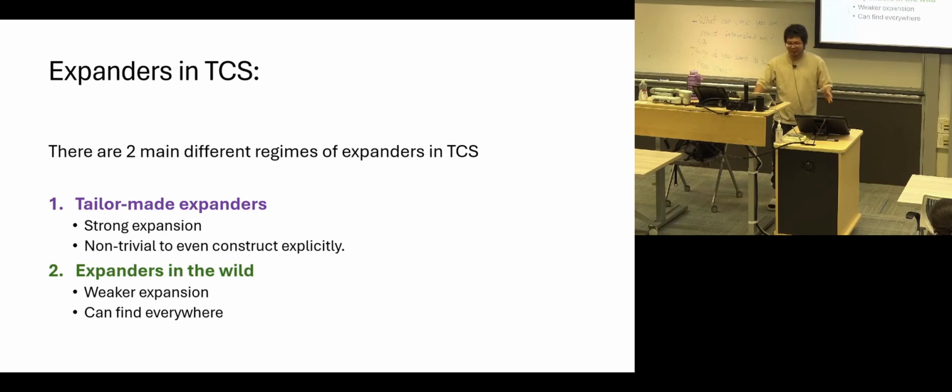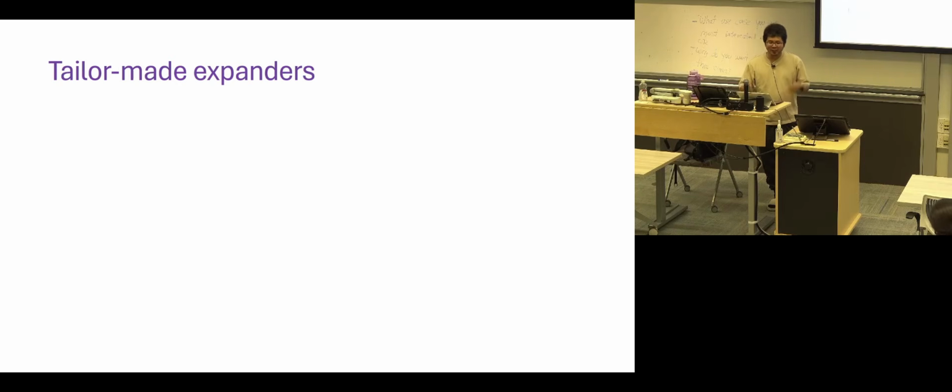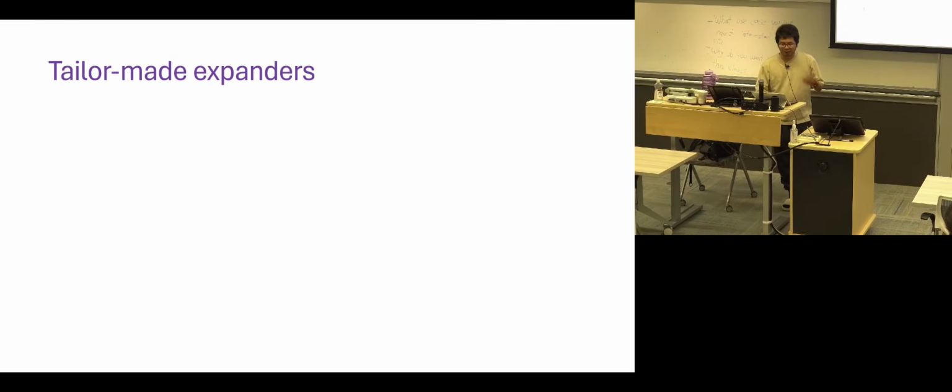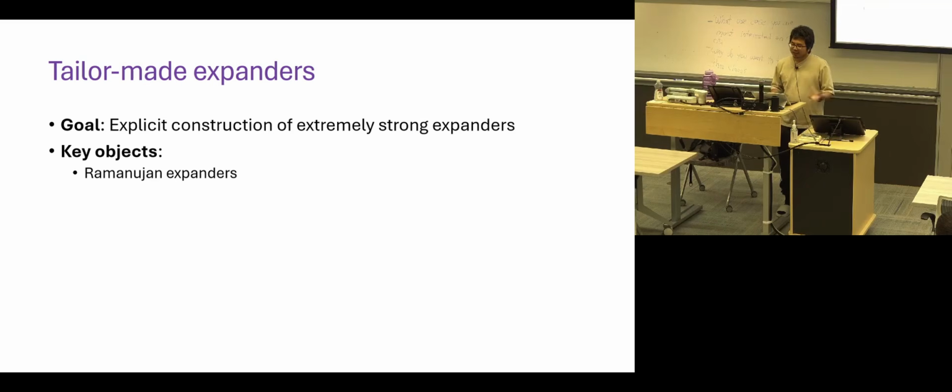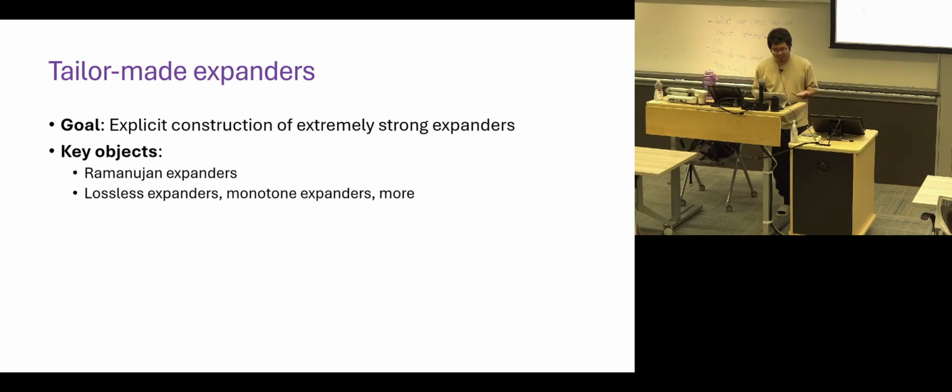But let me tell you quickly what the first one is, just so that you know about the literature a bit. The goal of researchers in this first regime is usually to construct this thing, to show that it exists and to show how to construct it deterministically and fast. The key objects, if you look up literature, are Ramanujan expanders, lossless expanders, monotone expanders, or more recently, high-dimensional expanders.